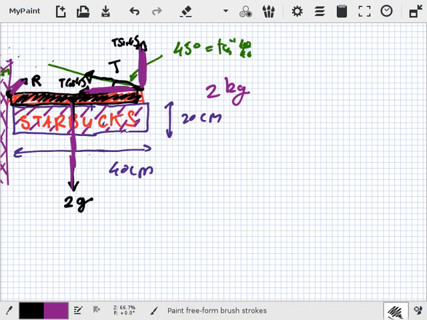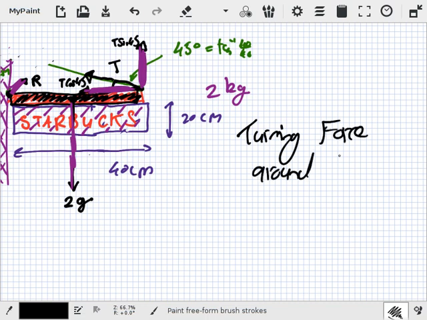So what I'll do is I'll look at the turning force around the hinge. So the hinge being this thing here. Okay? So if this is the turning point, tell me, is this force, this one here, clockwise or anti-clockwise? This one here. Clockwise, yeah. This up one here?